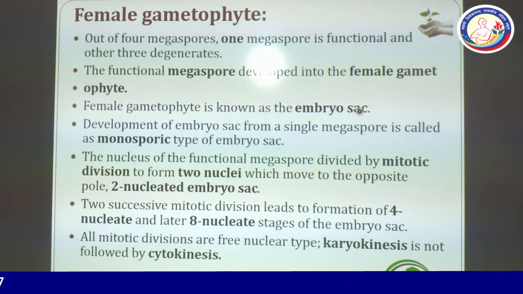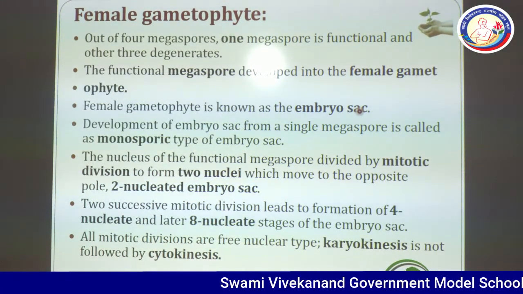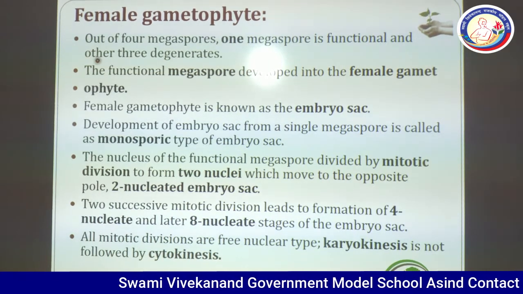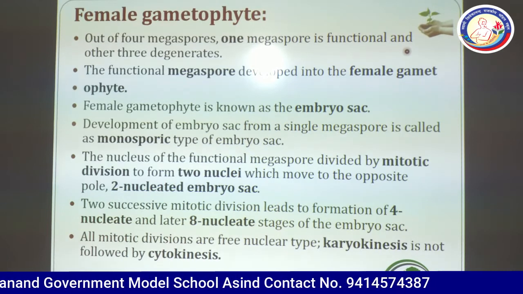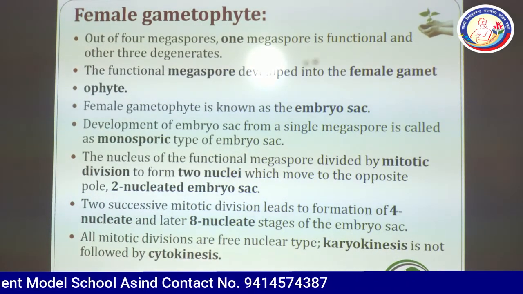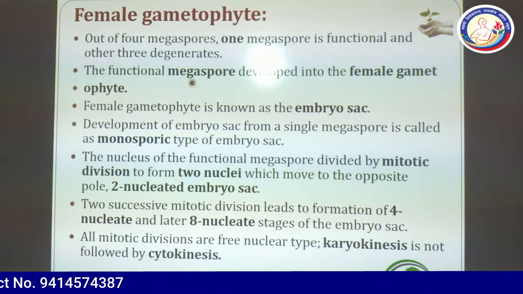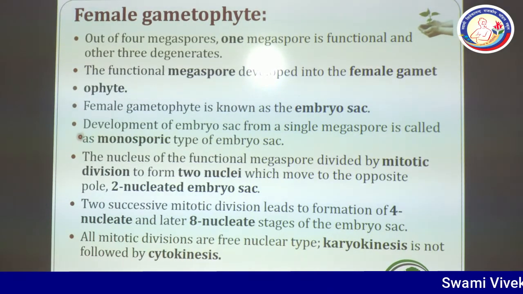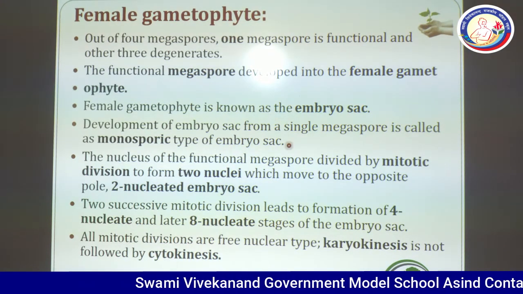In most of the plants, it contains a 7-celled and 8-nucleated structure, and out of 4 megaspores, 1 megaspore is functional and the other 3 degenerate. With the help of the megaspore, the embryo sac is developed. Development of embryo sac from a single megaspore is called monosporic type of embryo sac.